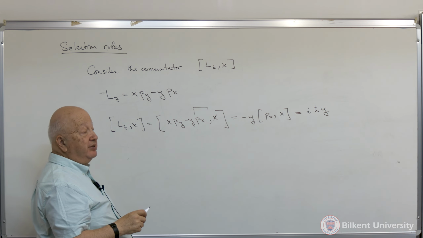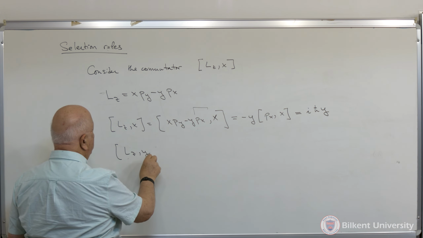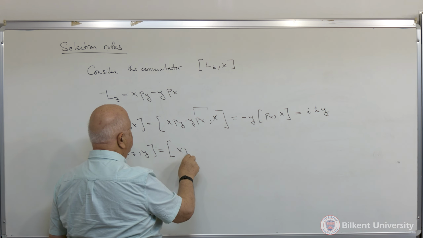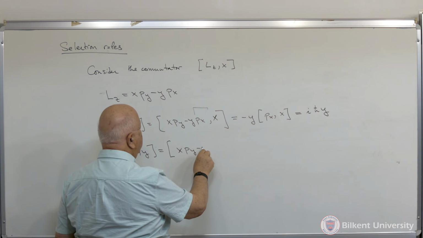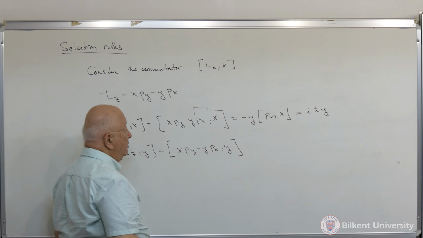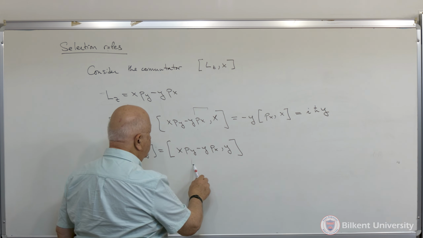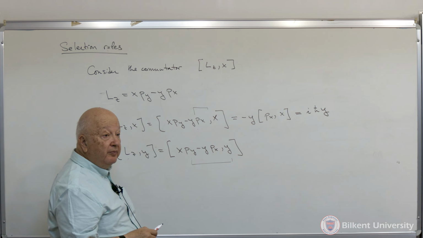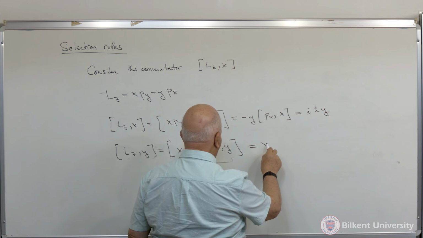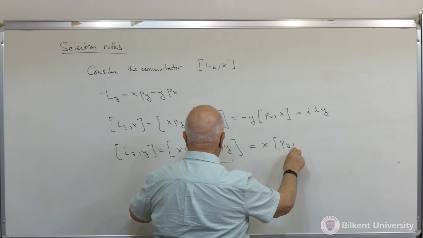So that's the commutator of Lz with x. Let's look at Lz with y. So again, x py minus y px with y. Now the things that do not commute are py and y. So it's going to give me x py y.